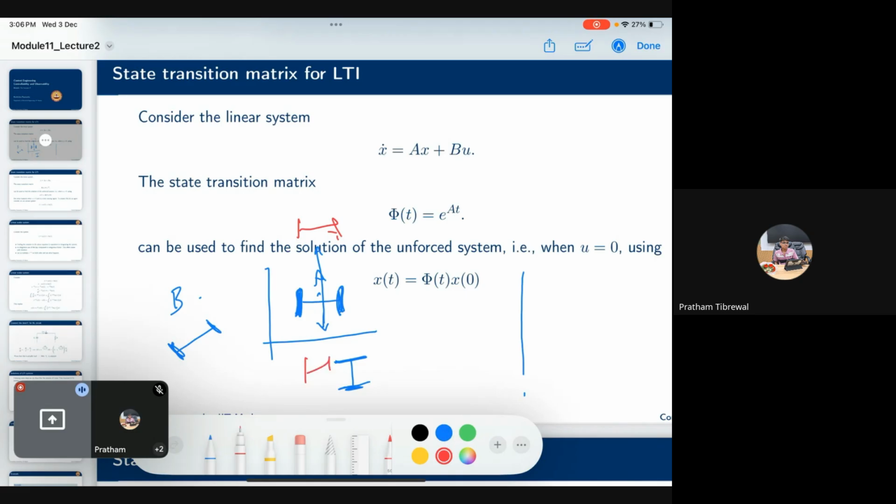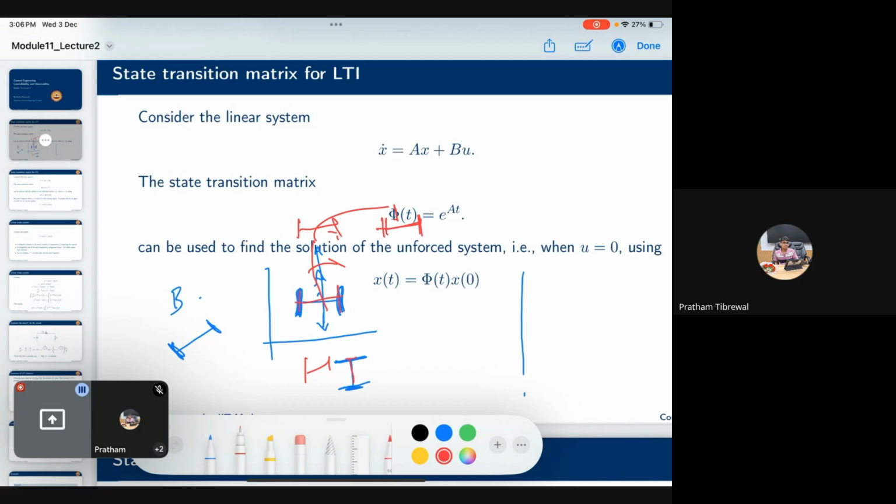But to go to here, what do I need? I also need a steering angle, right? So I'll steer the car, go forward, then do a steering and come back here. So when I say a system is completely controllable, it means I should be able to go from any point.